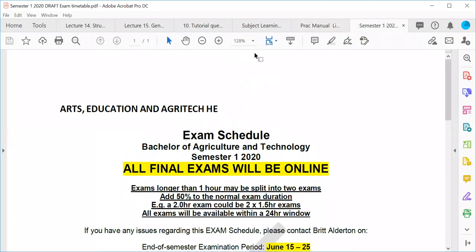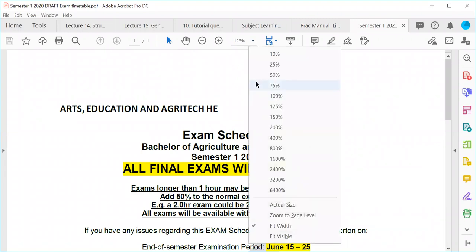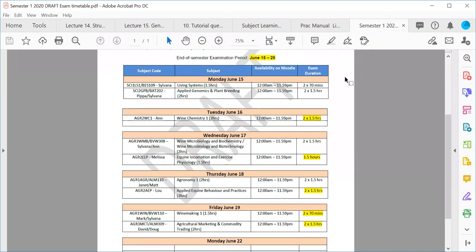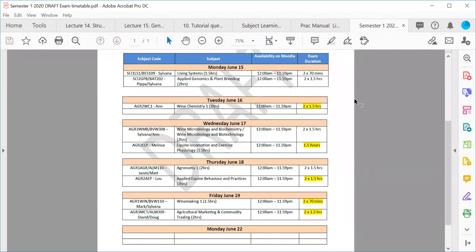And finally, the exam schedule. So not quite completed. All right, so that's confirmed, that's confirmed, that's confirmed, so is that one.